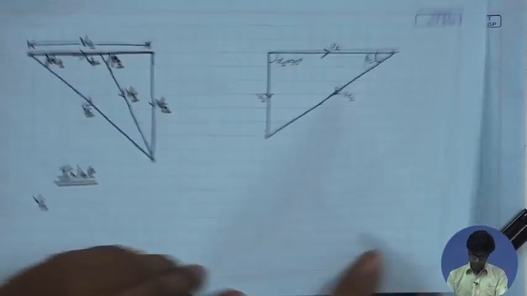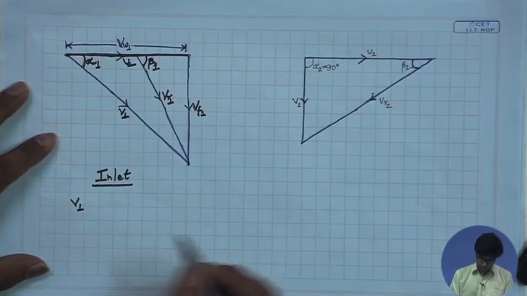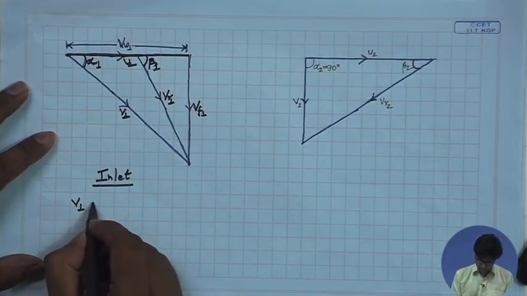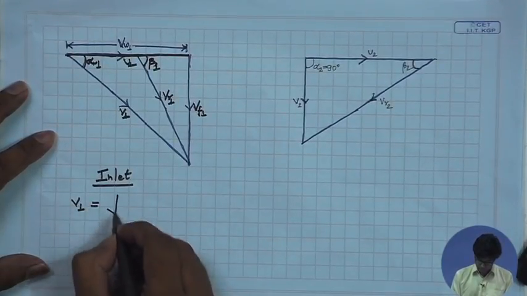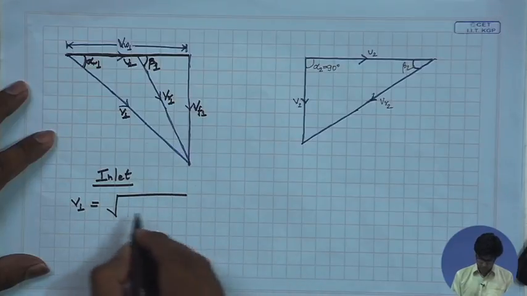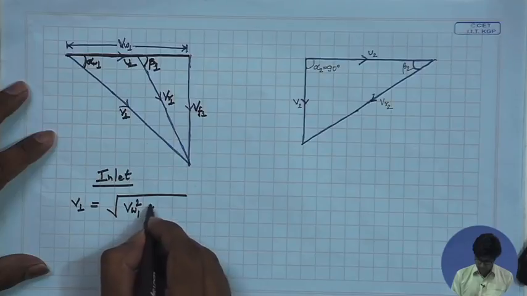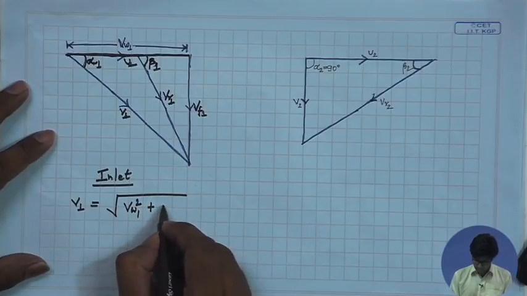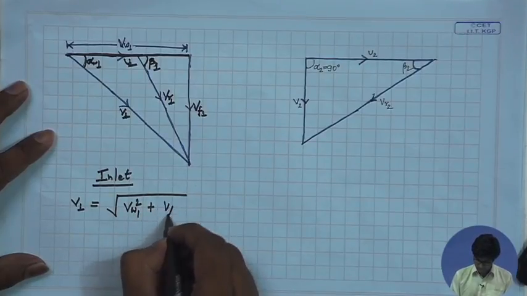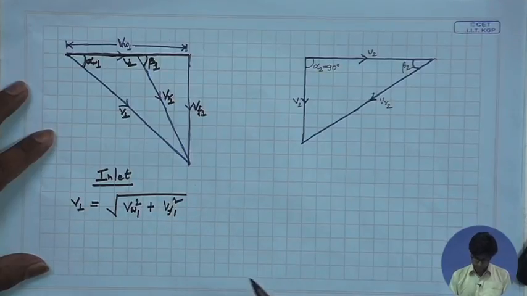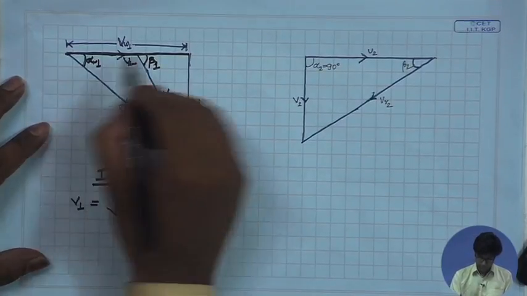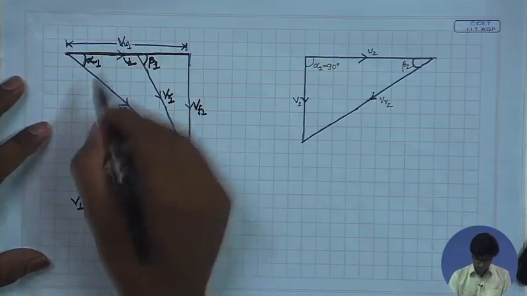So, from this velocity diagram, we see that the absolute velocity at the inlet is the square root of the tangential velocity at the inlet squared plus the square of the flow velocity at the inlet. That is, we are applying Pythagoras theorem to this triangle.